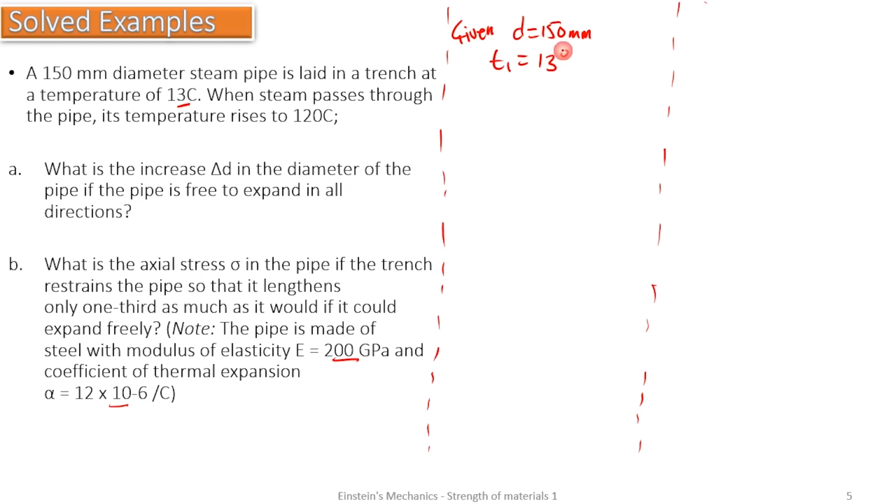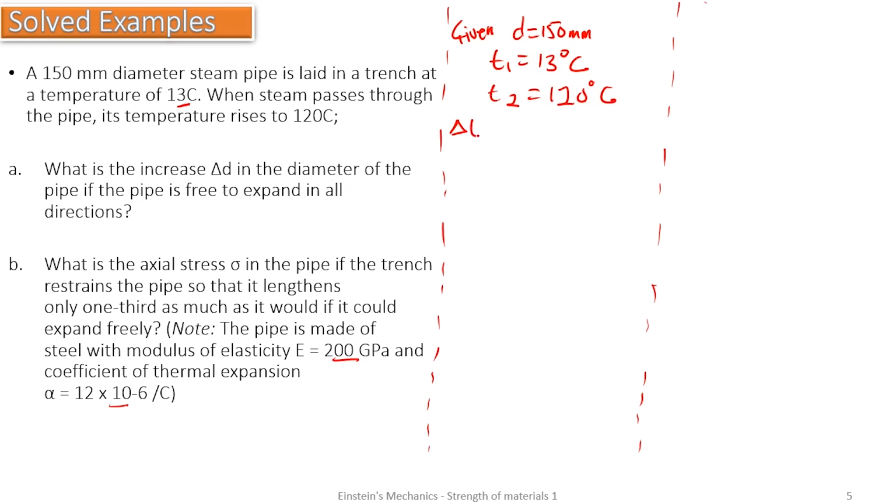I also have my T2. As steam, we know steam is a heated vapor. It's highly heated. When steam passes through the pipe, this pipe was used to deliver steam from one point to another. So the steam heated the pipe to another temperature, 120 degrees Celsius.